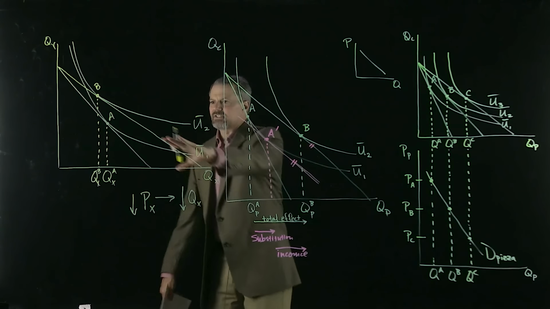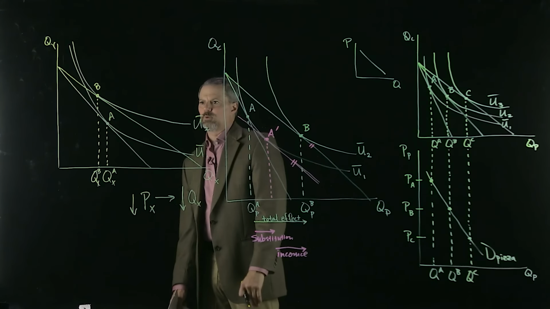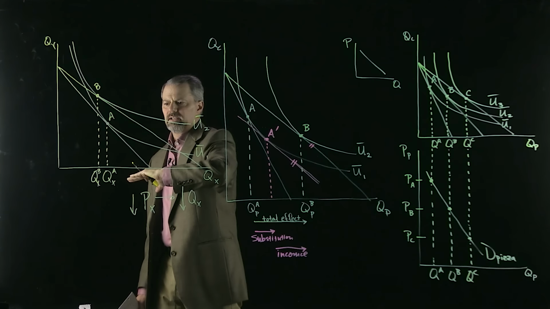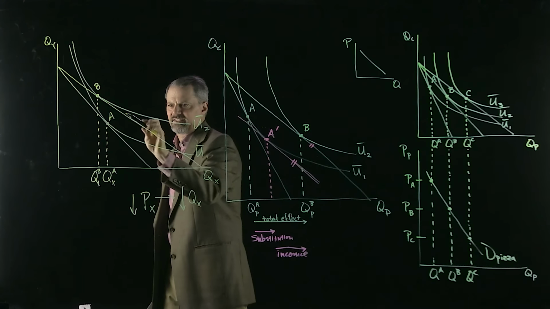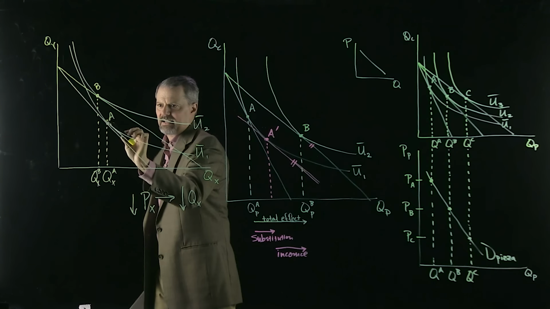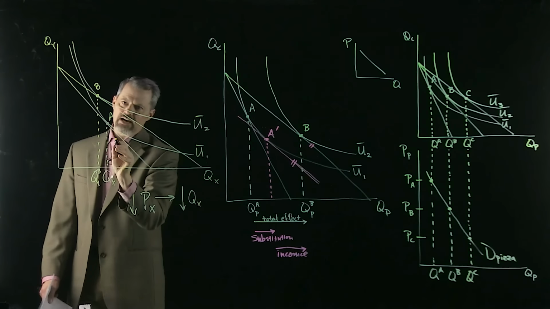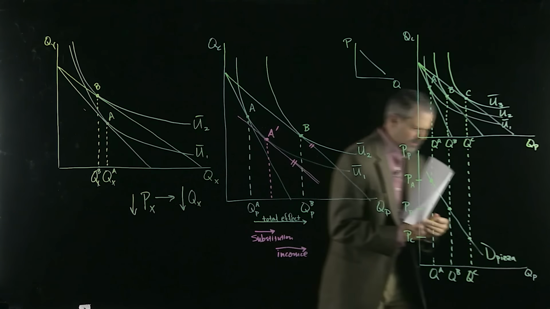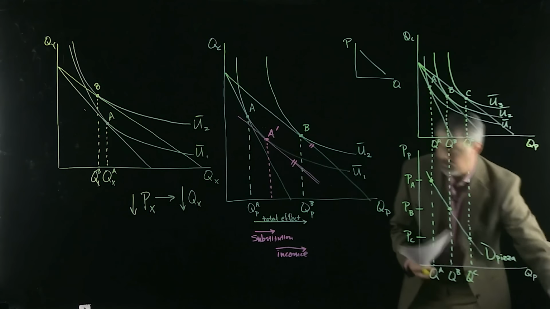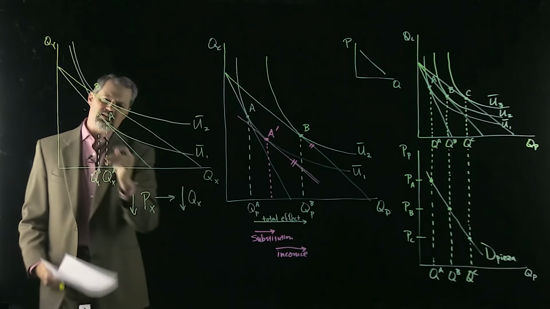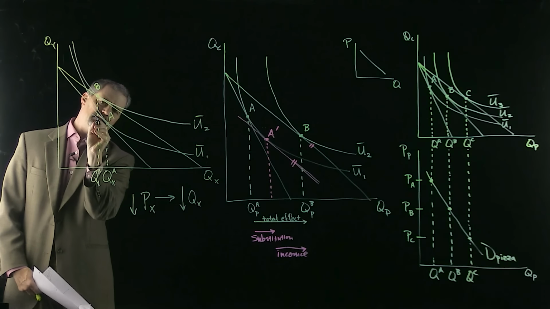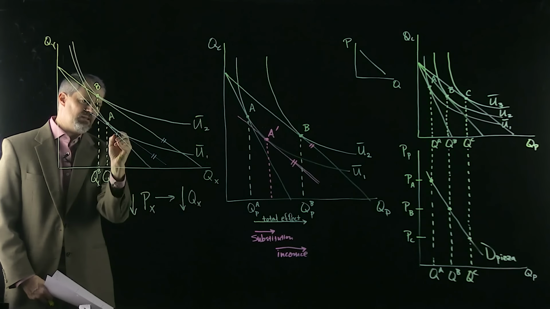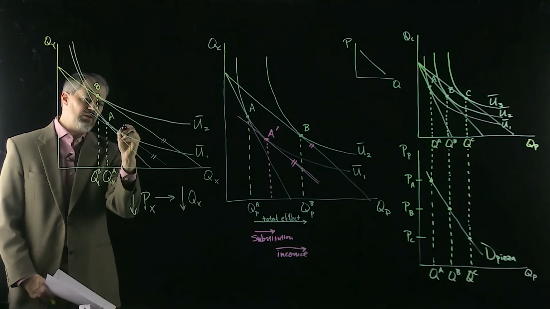So let's go ahead and look at what if we were to separate this out into the income and substitution effects. If we took this second budget constraint and pulled it back, it's going to be tangent somewhere right in here. Let's do it in this color. If I were to take this and pull it back, I want that and that to be parallel. It's going to end up being tangent somewhere right there. There's A prime.